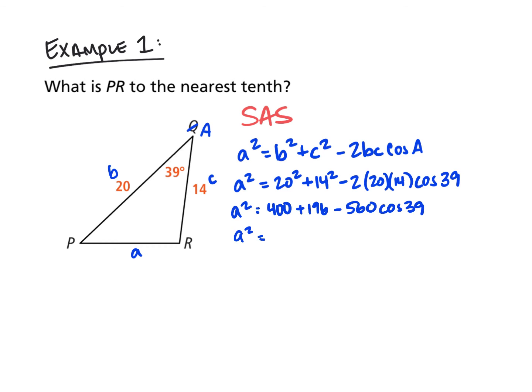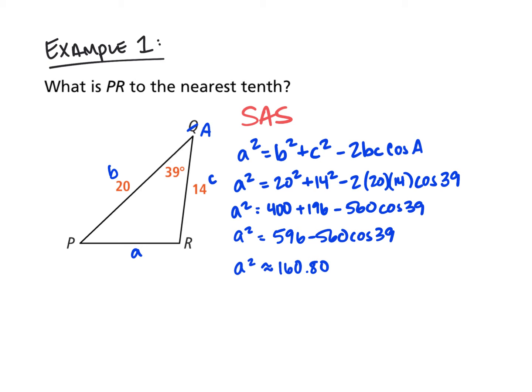So I'll clean it up a step further. I'll have 596 minus 560 cosine 39. And this is the point at which you probably just go ahead and grab your calculator. So I'll type in 596 minus 560 cosine 39. And I get a squared to be about, because I'm going to round this, 160.80.